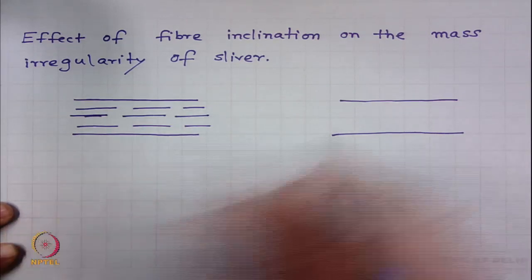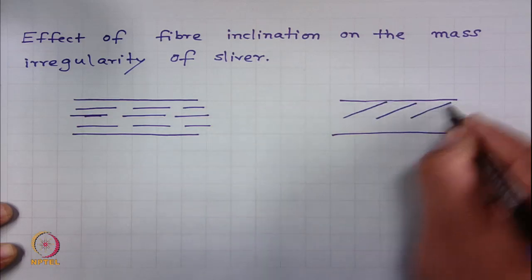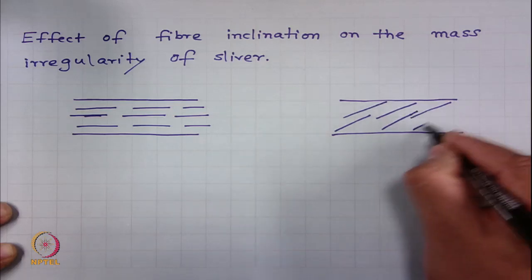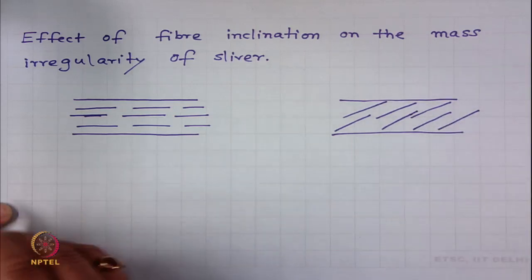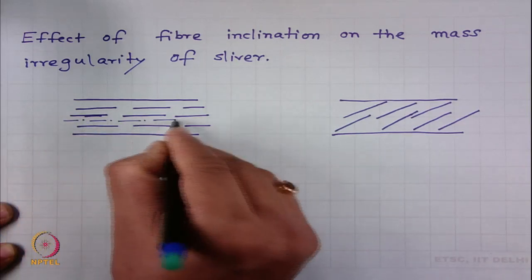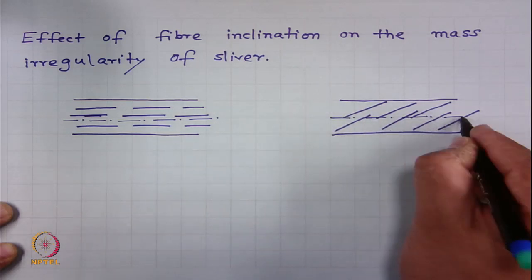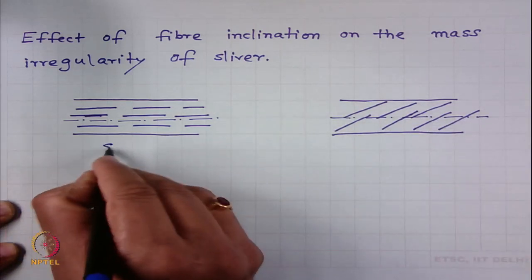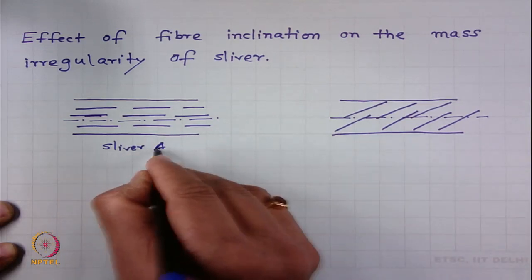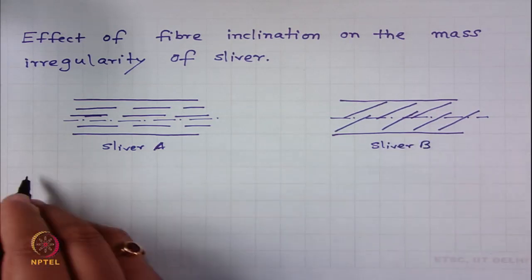This is one, second is this, this is the axis, and here also this is the axis. This is suppose sliver A, this is suppose sliver B.